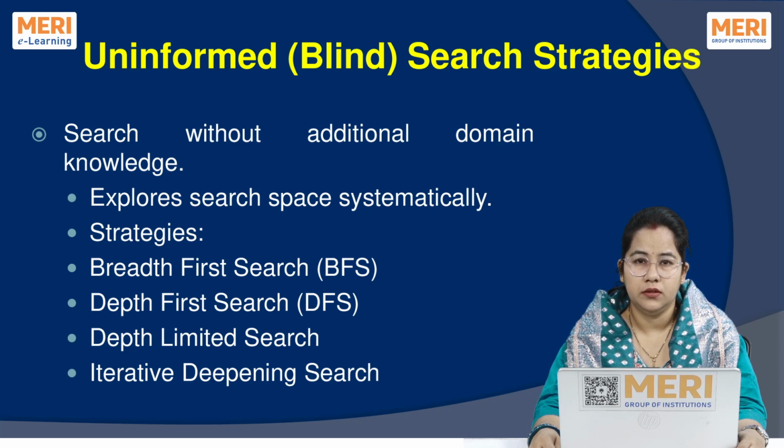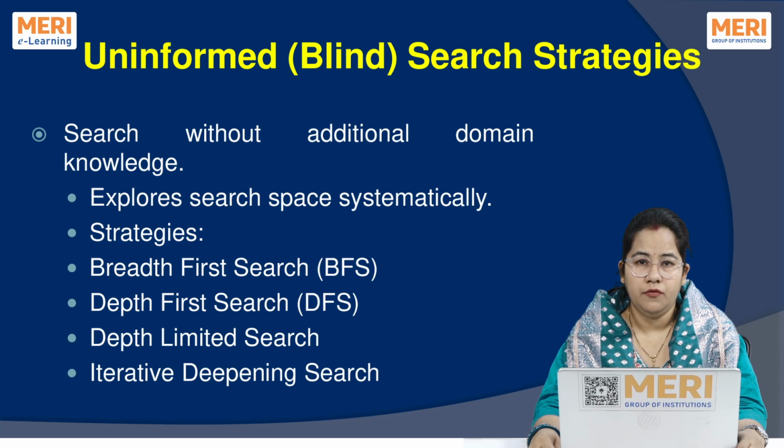Next, we move to uninformed, or blind, search strategies. Uninformed search strategies, also known as blind search methods, are techniques that solve problems without using any additional knowledge about the goal state. These algorithms do not have guidance or estimation of how close a state is to the goal. Instead, they explore the search space systematically according to predefined rules. Because they lack heuristic information, they may explore many unnecessary states before finding the solution.